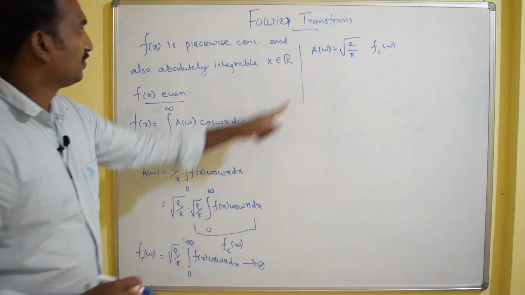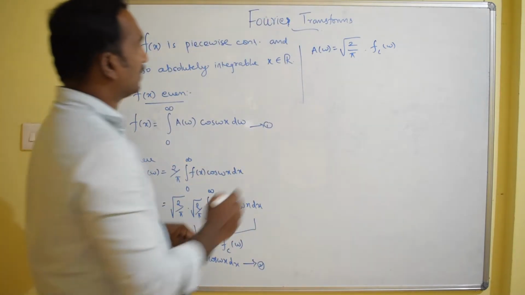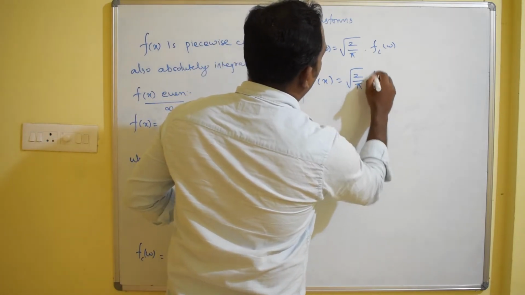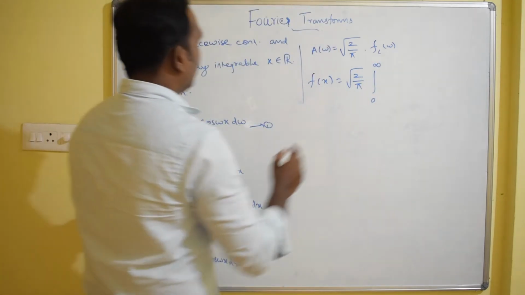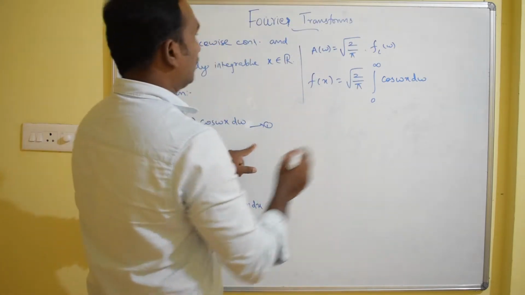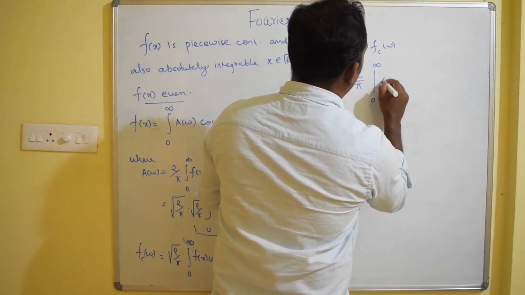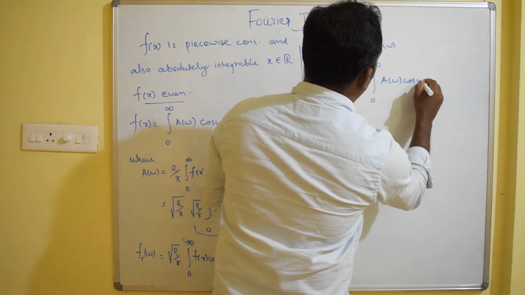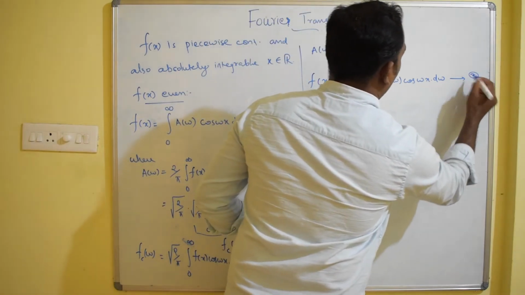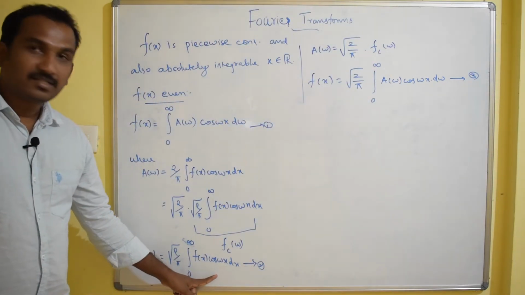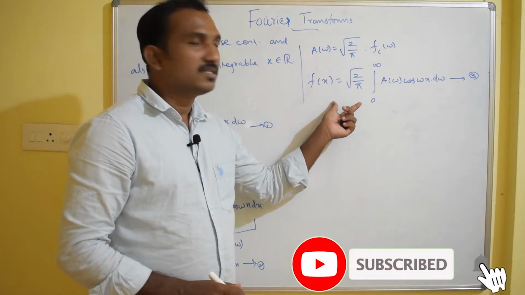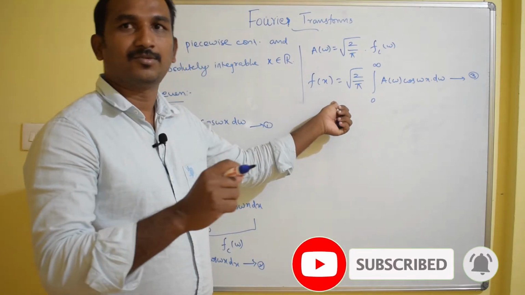Substitute in this function, f of x will become root of 2 by pi integral 0 to infinity F c of omega cos omega x d omega. Let us take this as equation number 3. Now the second equation is called Fourier cosine transform, and the third equation is called inverse Fourier cosine transform.